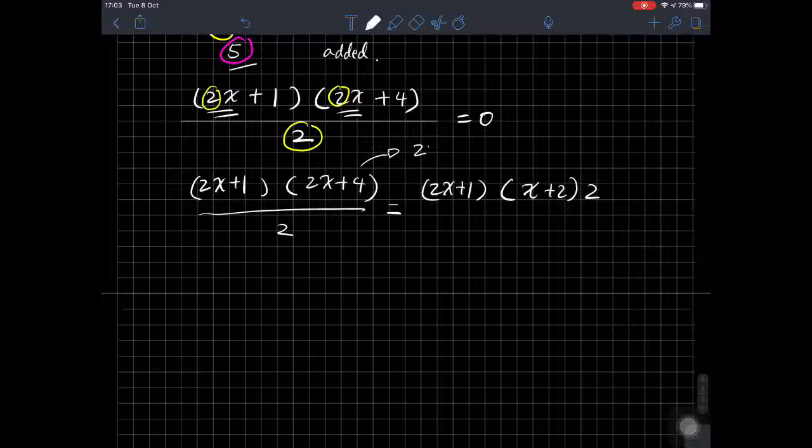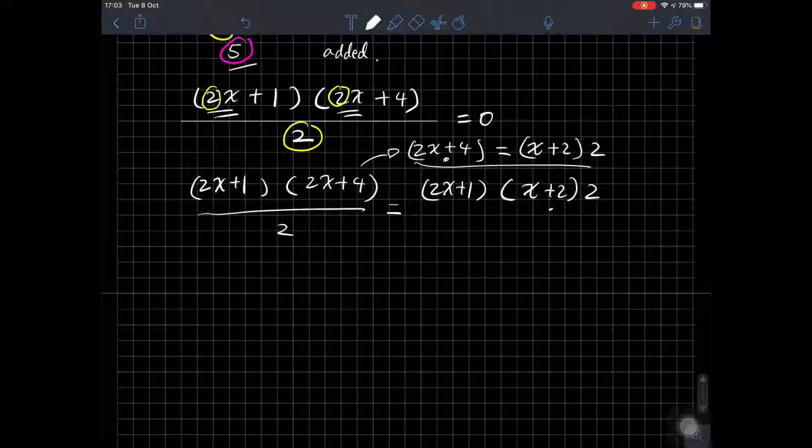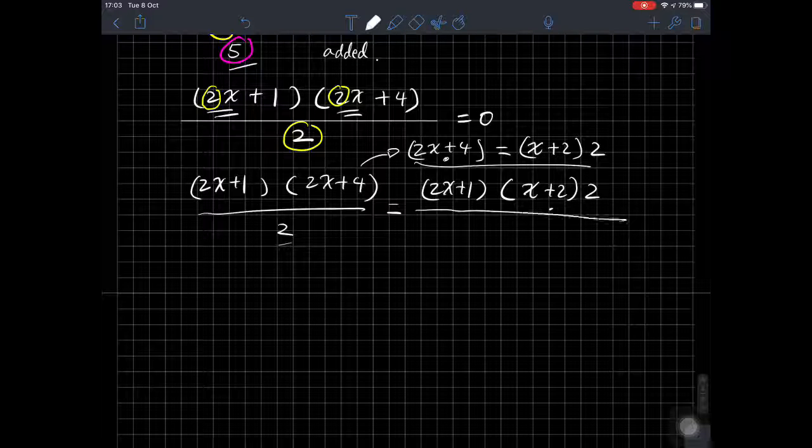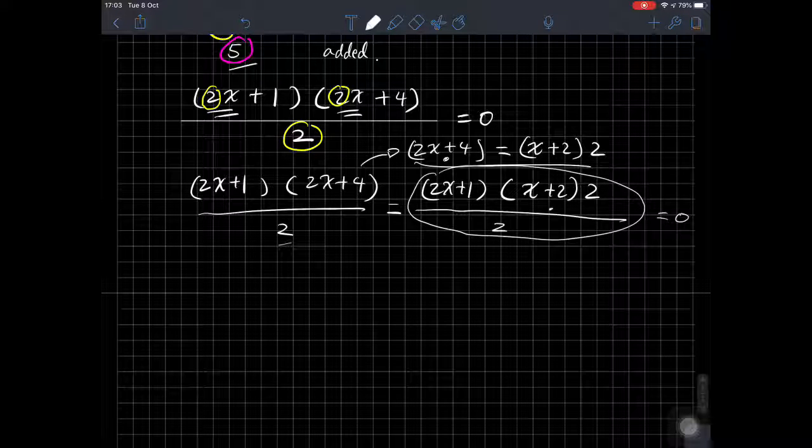Because 2x plus 4 equals x plus 2 times 2. So we can write this into this. The divide by 2 gets carried forward, and we get this equation, which is equal to 0.